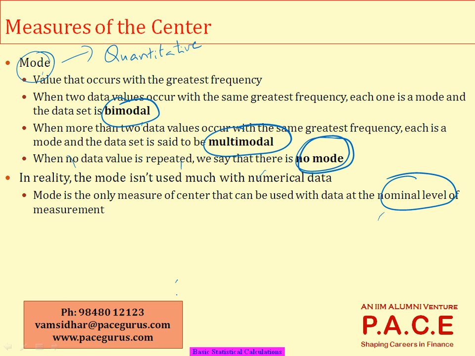Only counting the frequencies can be done with categorical data, so mode is the only measure there. Especially when I am using categorical data, mode is a measure of the center, whereas I will not use mode for quantitative data. Mean and median are the better tools for quantitative data.